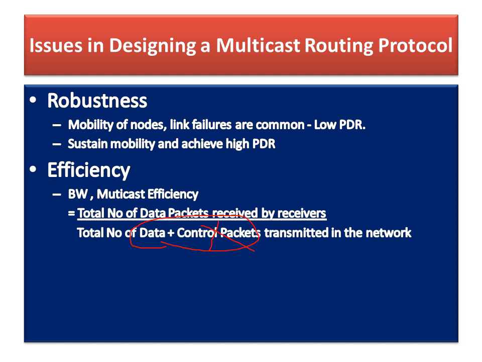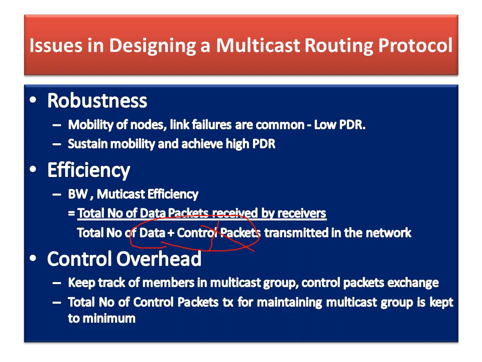The second issue that we'll have to address here is how efficient our multicast routing protocol design is. So I'm going to define it now, as you know that in terms of the bandwidth efficiency, we'll have to address it. So multicast efficiency, if you need to define it as a ratio, is defined as the total number of data packets received by the receivers, and the total number of data and control packets transmitted in the network.